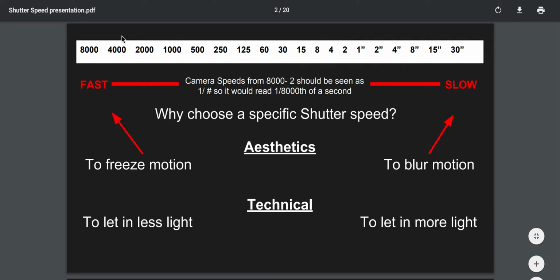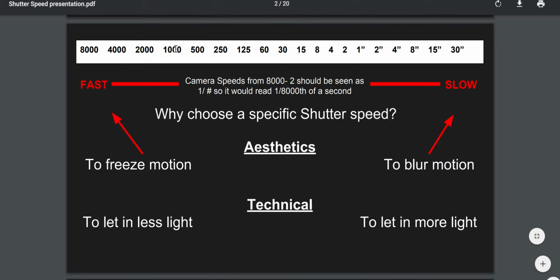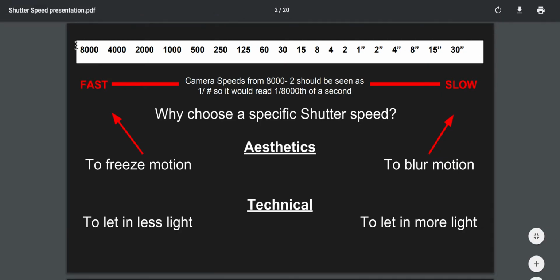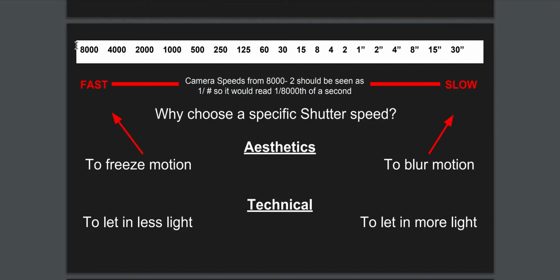Now, as we are getting into the bigger numbers over here, the 8,000, 4,000, 2,000, 1,000, those are faster shutters. And what that actually means is the shutter is open for only 1/8,000th of a second. And then over here, it's 1/4,000th of a second.